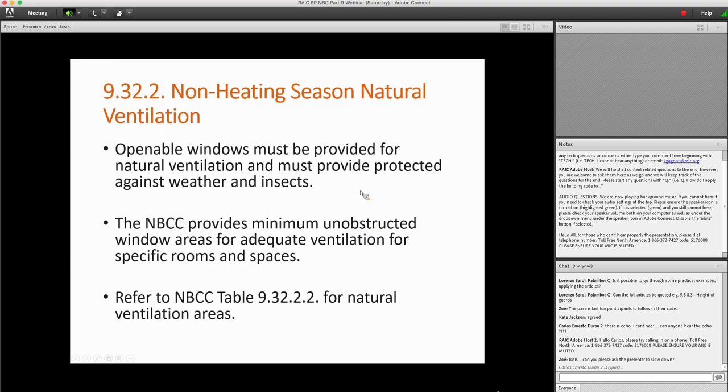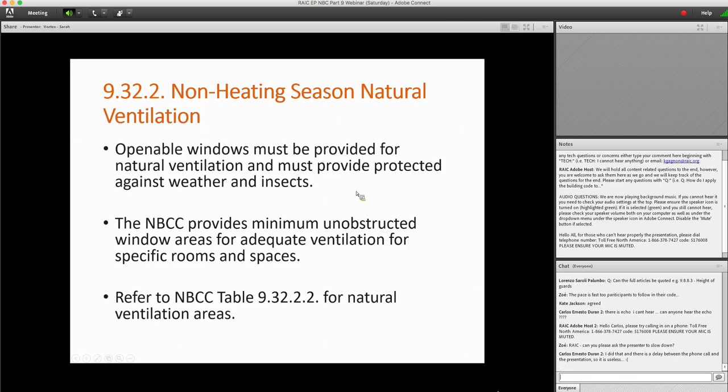Where openable windows are provided for natural ventilation during non-heating season, they must be provided with protection against weather and insects. The National Building Code provides minimum unobstructed window areas for adequate ventilation for specific rooms and spaces, and this is referenced in NBC Table 9.32.2.2 for these required natural ventilation areas.